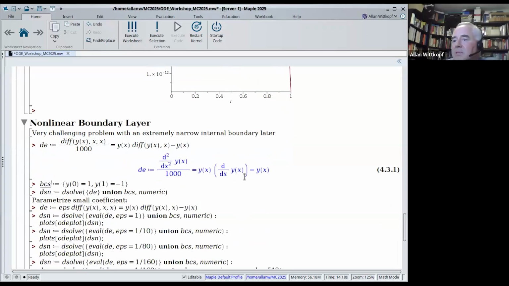But as a problem, it's tough because the leading derivative has a very, very small coefficient, and there's nonlinearity. So it's a kind of double whammy.